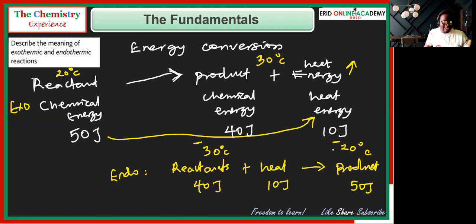So we are now saying that this reaction absorbs what? Heat energy. So that leads to a decrease in what? Temperature. But it leads to an increase in chemical energy. Decrease in temperature and increase in chemical energy. So I see chemical energy change from 40 to what? 50.